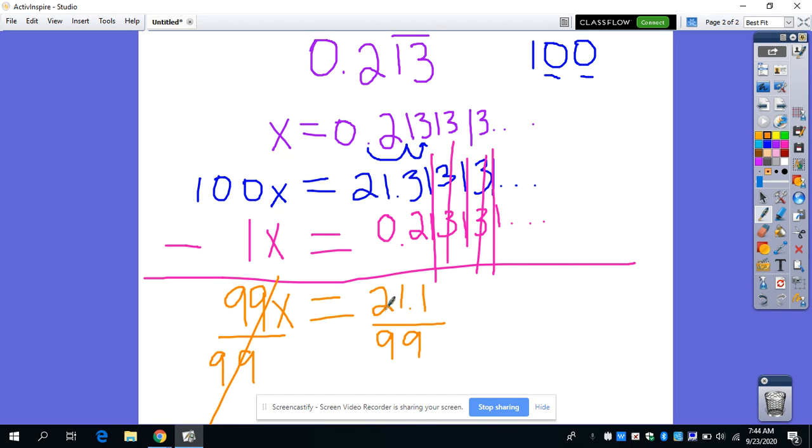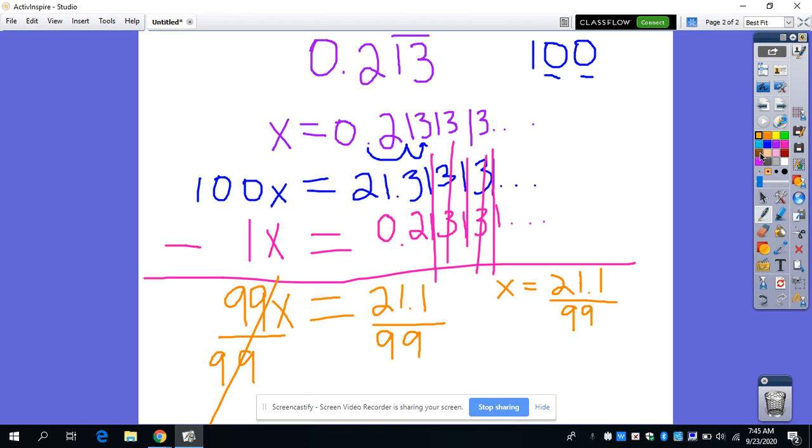You're left with x is equal to 21.1 divided by 99. Who likes a fraction like this? Nobody. You don't like fractions in general, but you definitely do not like fractions with a decimal in it. So you have to get rid of it.